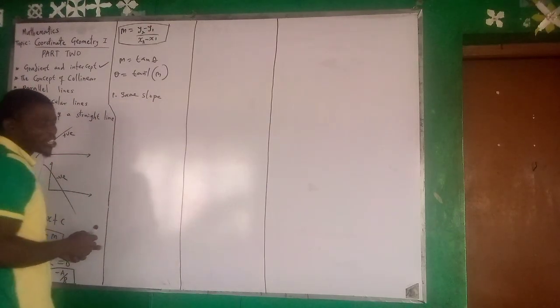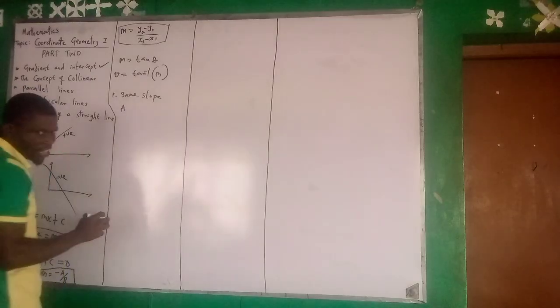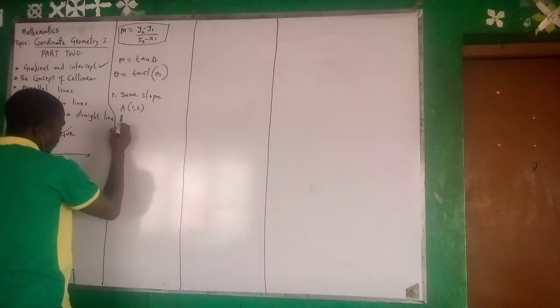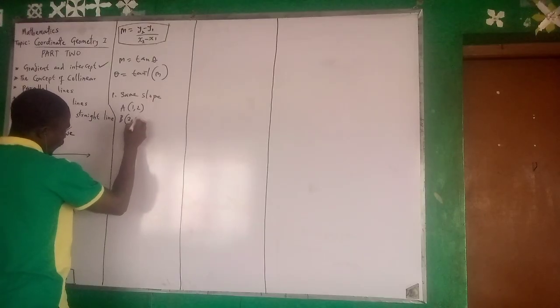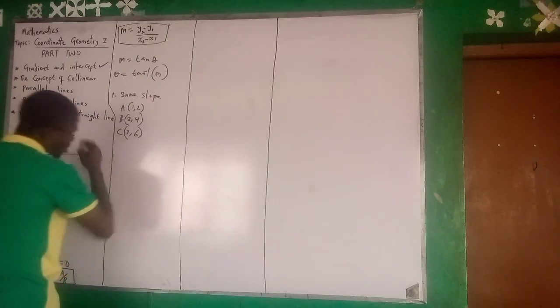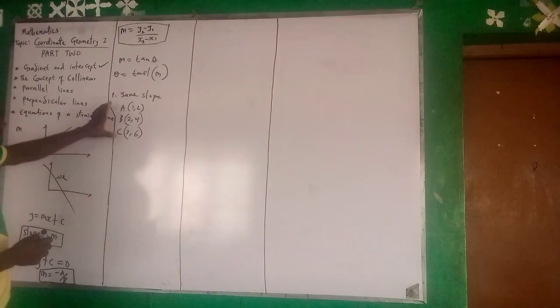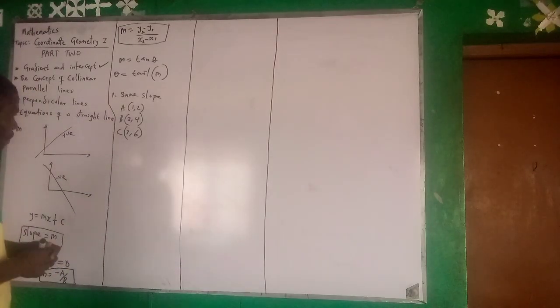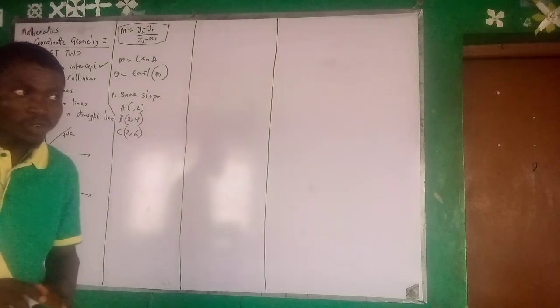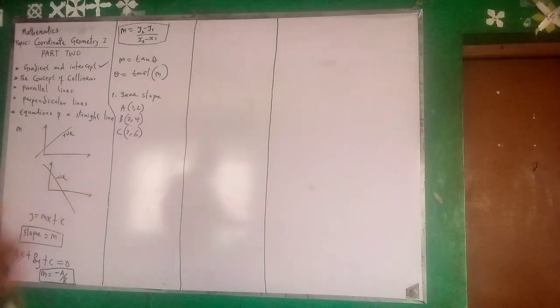Now let's consider 3 points like this. A is a point having the coordinate (1, 2). B point, coordinate (2, 4). C point, the coordinate (3, 6). Now these 3 points are collinear because they have equal slope.